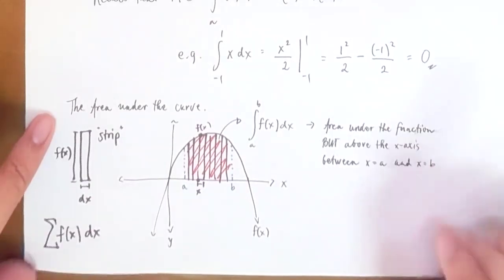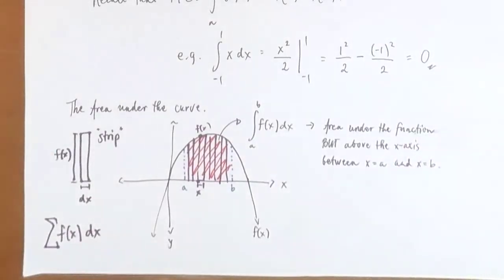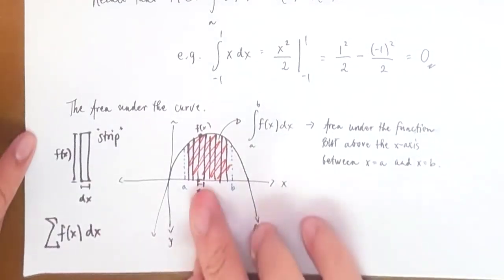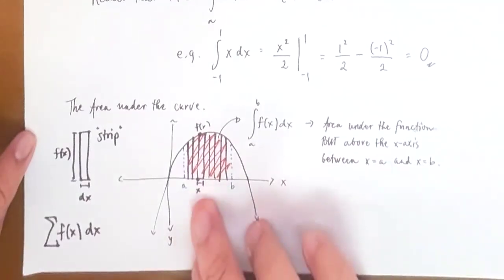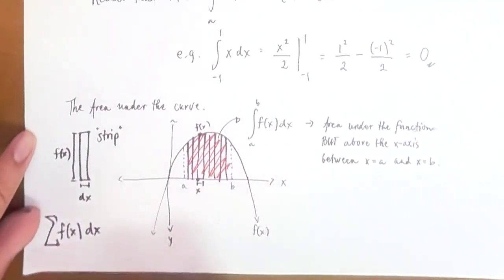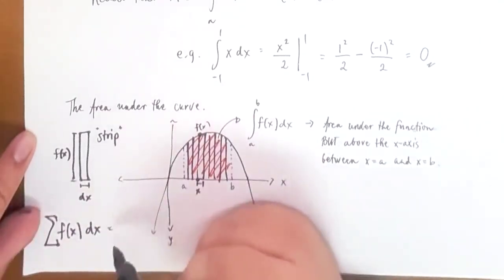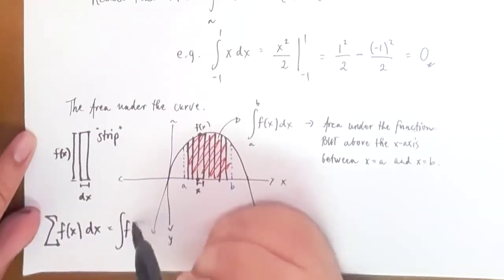But what we want is for our approximation to be as good as possible. So what do we do? Well, we make the strips thinner and thinner until dx right here becomes very, very small. And then the sigma notation here becomes an integral.